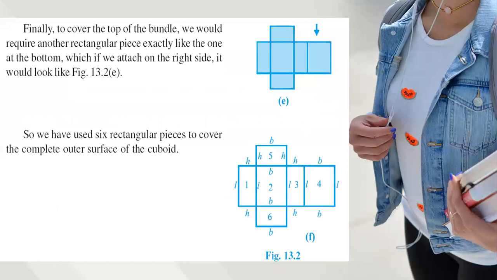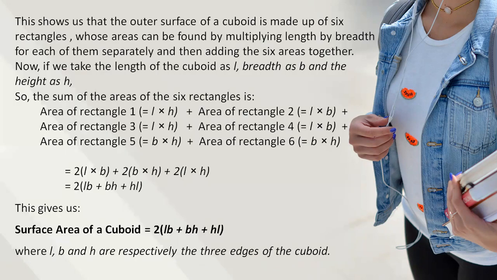Finally, to cover the top of the bundle, we would require another rectangular piece exactly like the one at the bottom, which is attached on the right side of the figure 13.2e. So we have used 6 rectangular pieces to cover the complete outer surface of the cuboid, like figure 13.2.